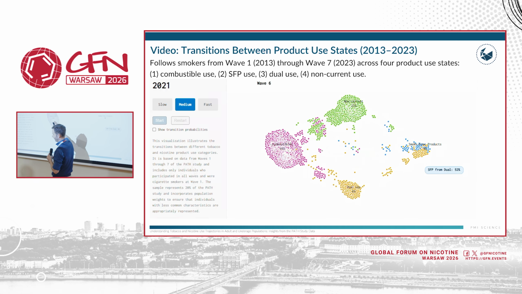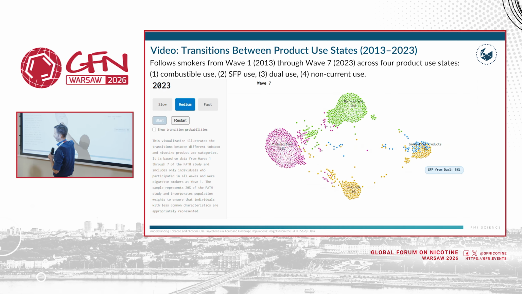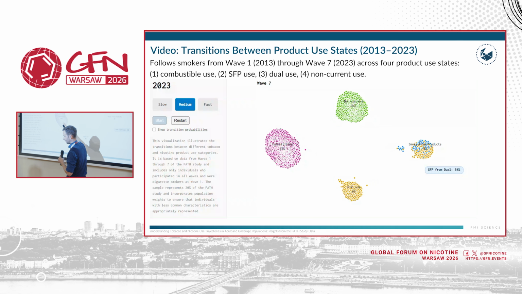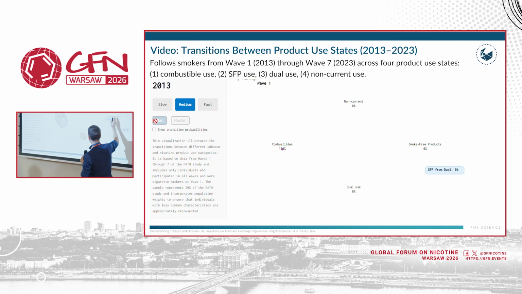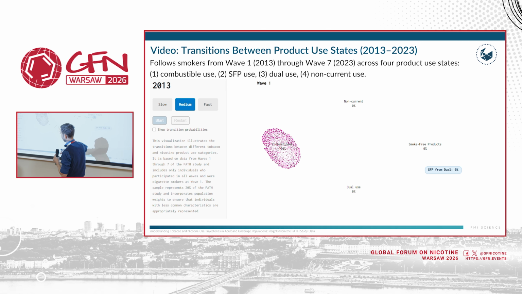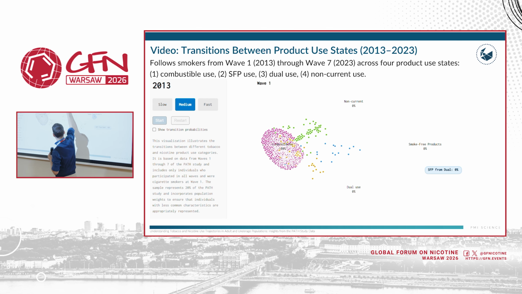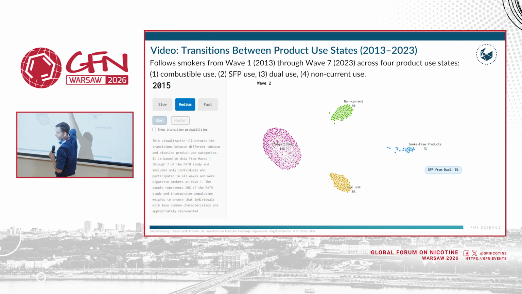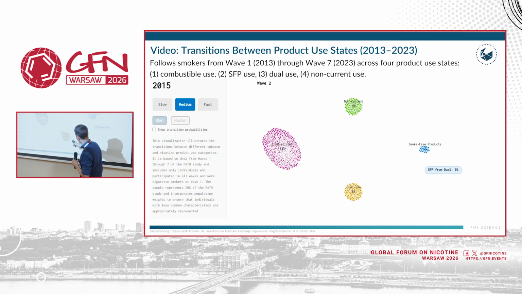Okay, so as I promised, the big blob of smokers appeared. We are at wave 1. Now we have just selected the combustible smokers. And 2 years later, just 1% of them switch to smoke-free products, and about 6% of them are dual users. And as time goes by, what we can see is that most combustible smokers, as I said before, become non-current users, which are not using any products anymore.